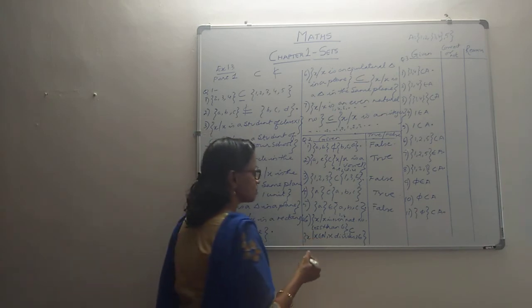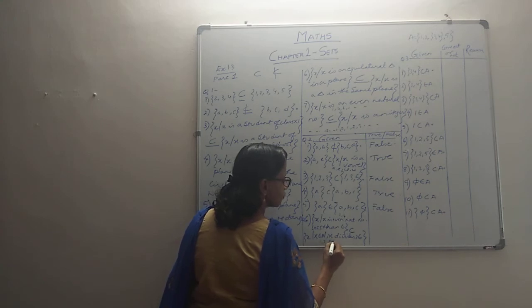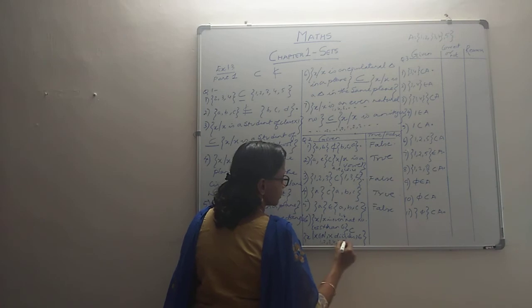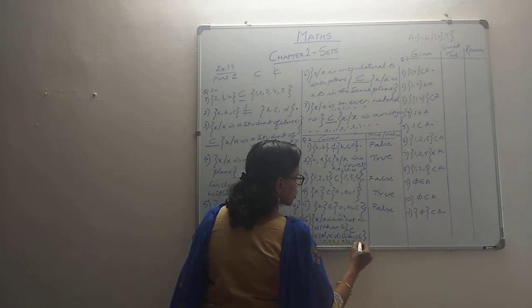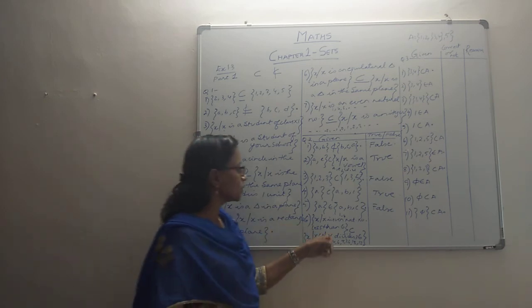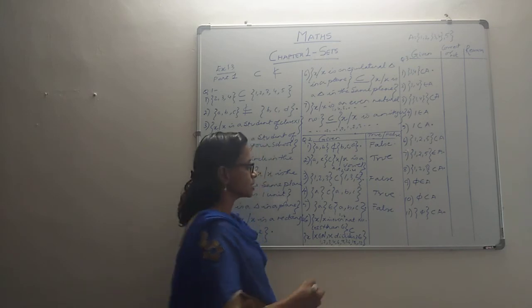So what all natural numbers can divide 36? 1, 2, 3, 4, 6, 9, 12, 18, 36, so many things are dividing. And when you look over here there's only 2, 4, and here there are so many elements. They are subsets, so that is true.